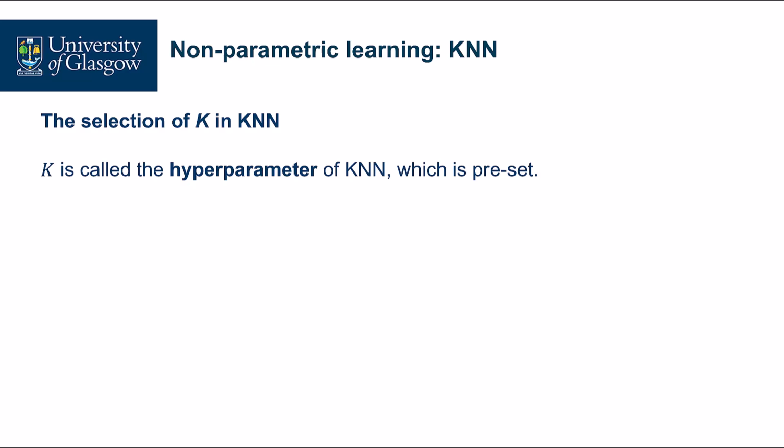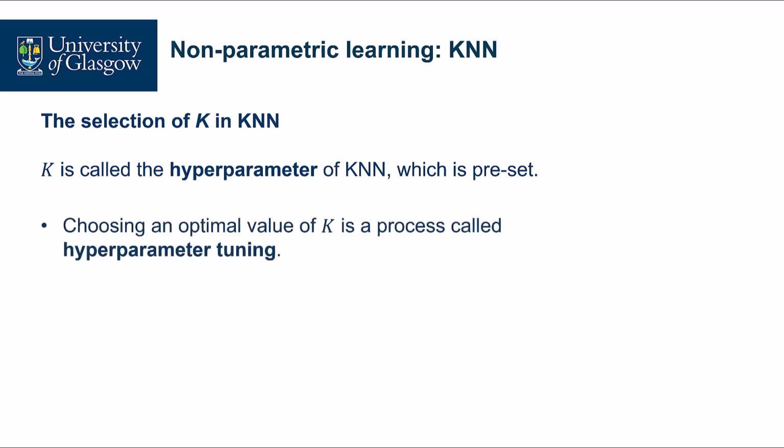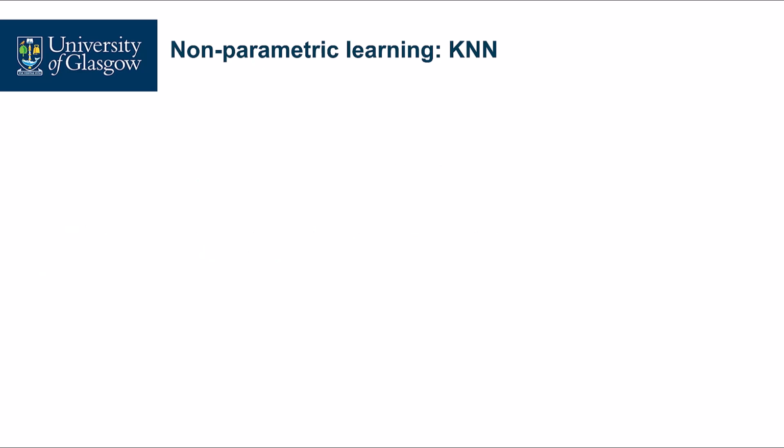Therefore, we need to choose an optimal value of k. This process we call hyperparameter tuning. This is a terminology in machine learning models. For KNN, there are several rules of thumb for selecting k. Let's see what they are.